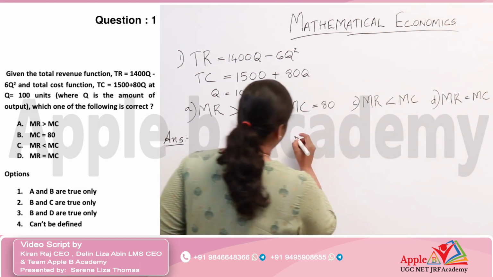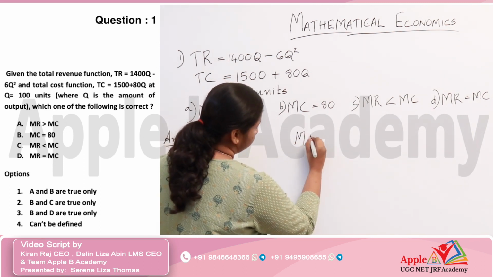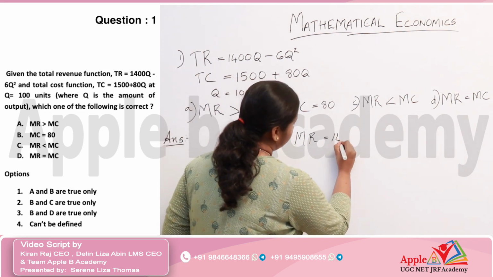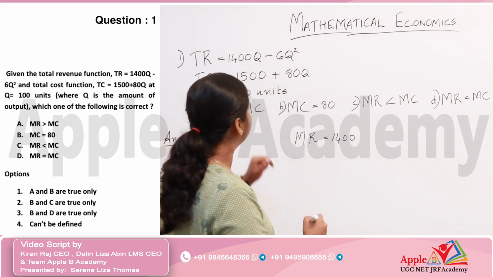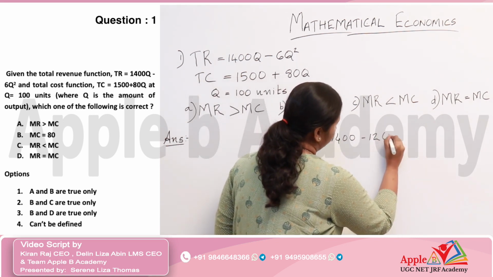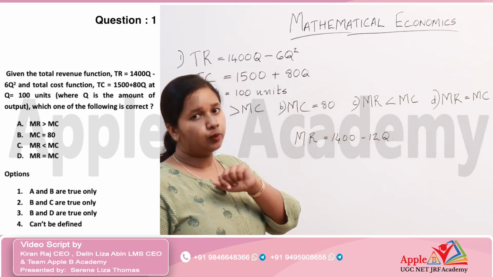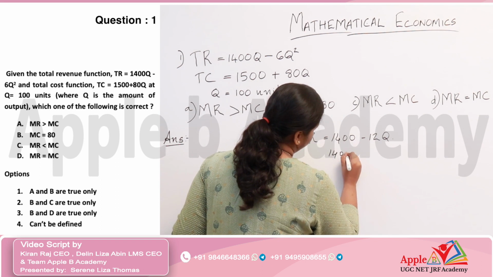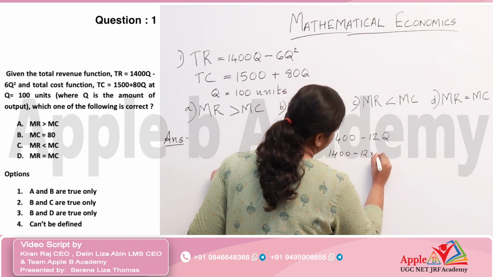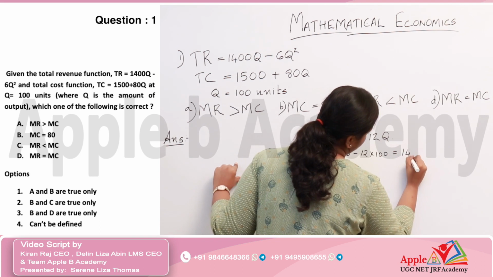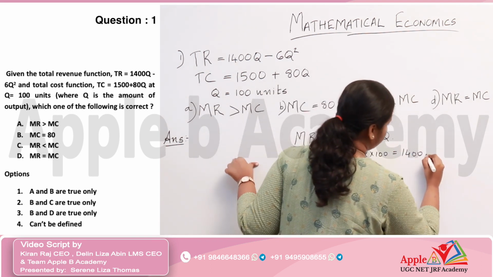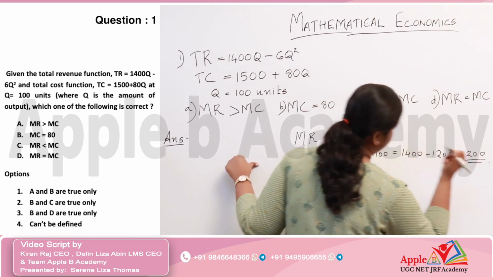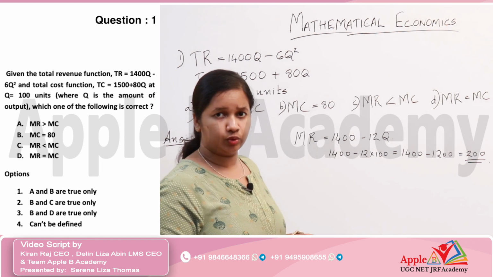Differentiating, we get marginal revenue equal to 1400 minus 12q, and we know that q is equal to 100. Substituting that, we get 1400 minus 12 into 100, which is 1400 minus 1200, which is equal to 200. So marginal revenue is equal to 200.